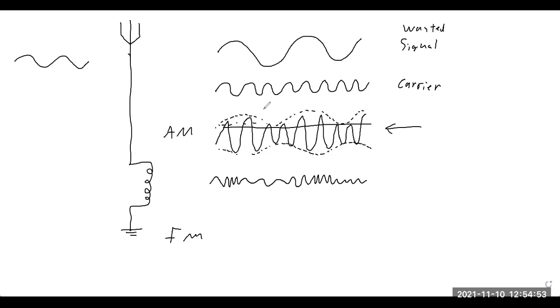So if you added on top of an AM signal just a little extra noise, it can interfere with it, I believe, a little more strongly than it would with an FM signal.